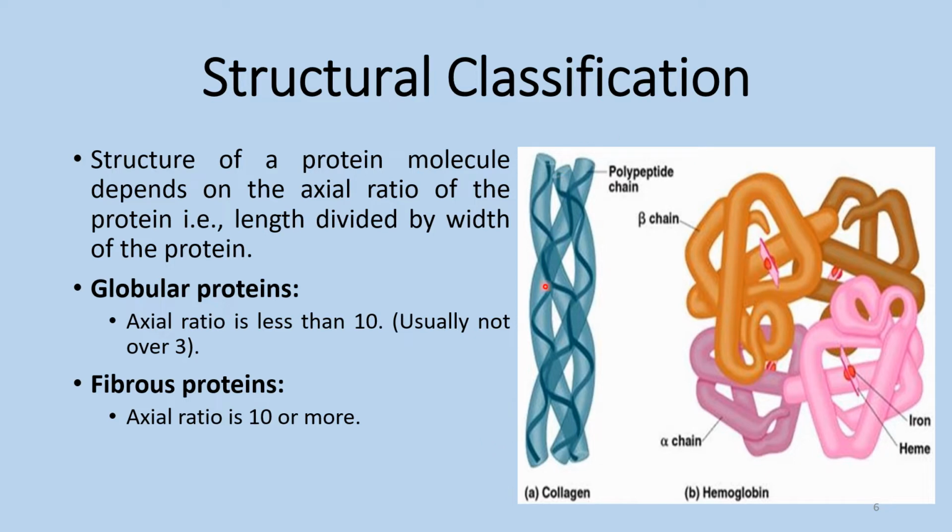You can see the structure of fibrous protein, which is fibrous in nature, long, thin, filamentous in structure, while the globular proteins have globular or circular ball-like shapes and structure, on which they are classified as globular proteins.